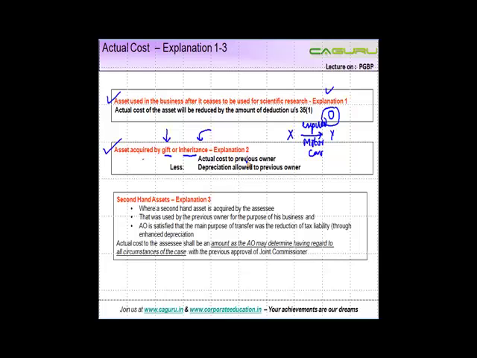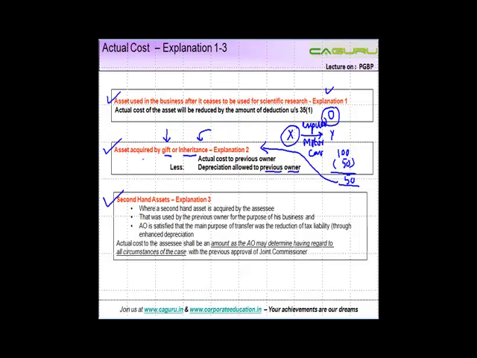That will be actual cost to the previous owner. Let's say the car was 100 rupees. So 100 less depreciation allowed to the previous owner. If suppose X had claimed a depreciation of 50 on this car before it was passed on to Y, it reduced by 50. So the actual cost will be 50. And this explanation is applicable in case of gift or inheritance.